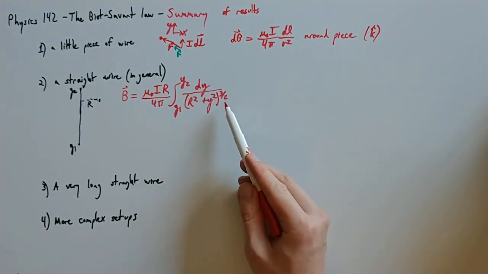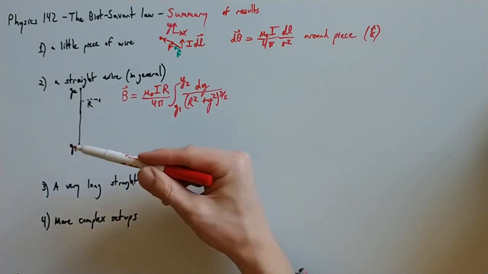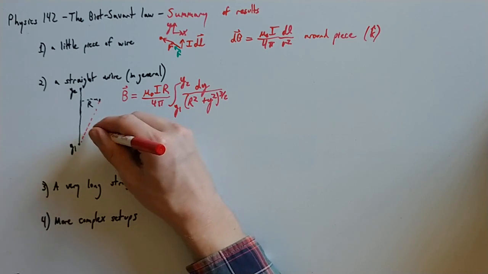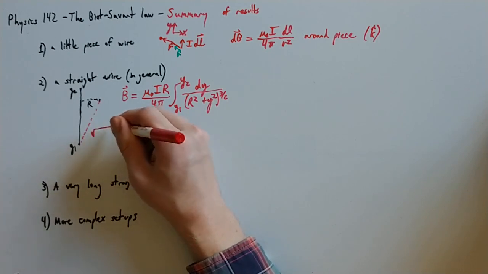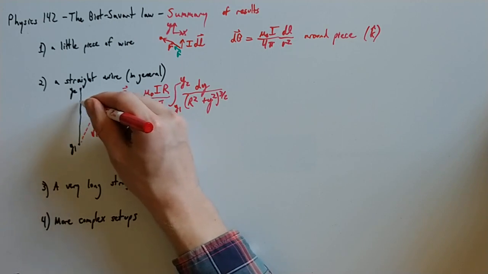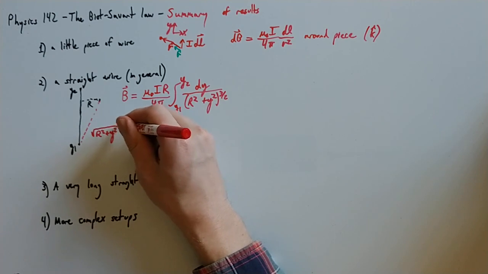And that 3/2 power came from the fact that when we were considering the distance from y1 to our spot, we realized that was the square root of big R squared plus whatever the distance from the origin down to y1 ended up being, squared.